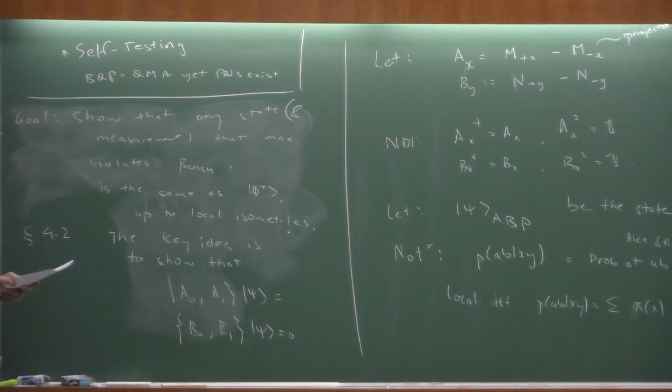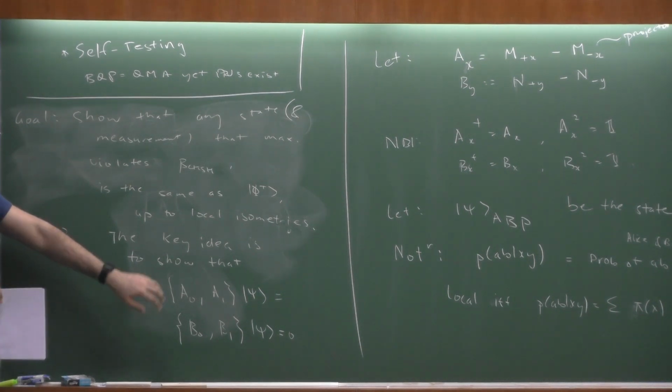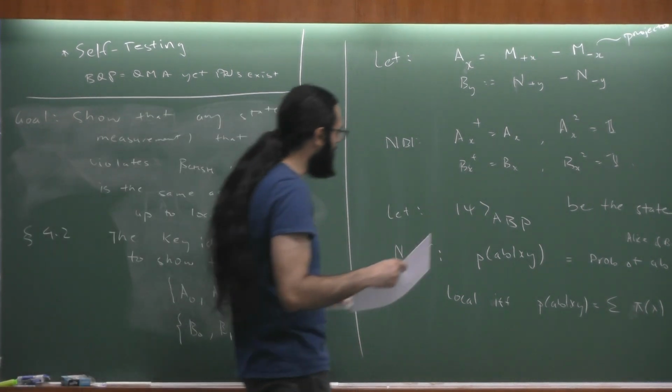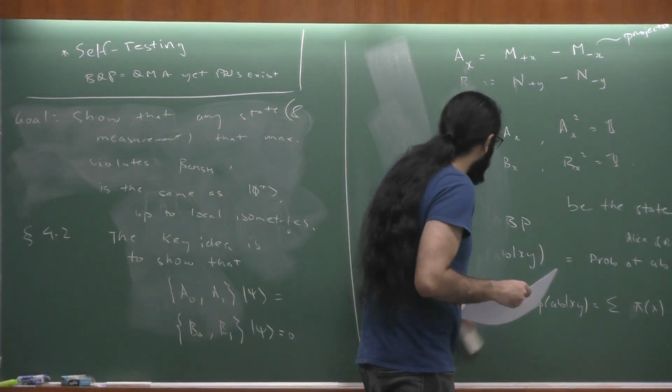So we'll first establish this, and then we'll see how this is used to show the statement that we want to show. We'll build the isometry explicitly, but let's look at this part.